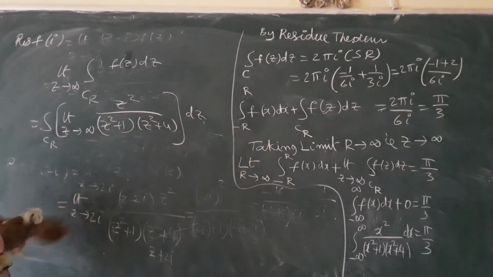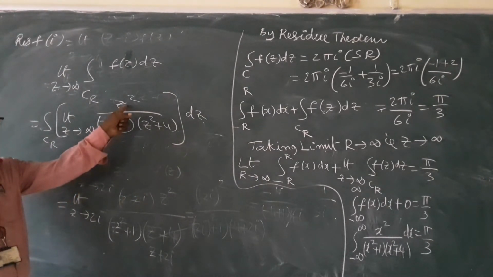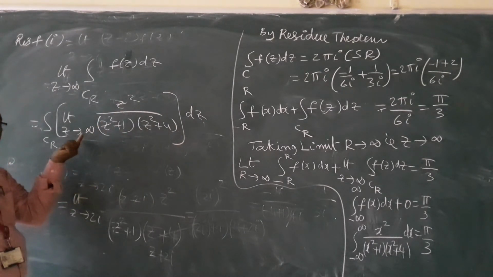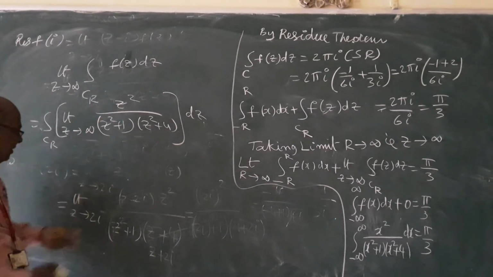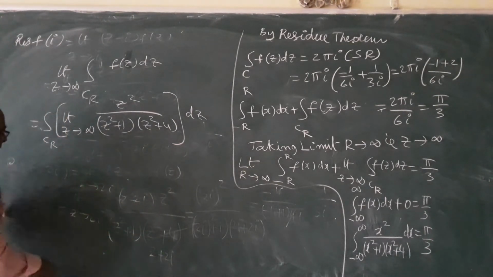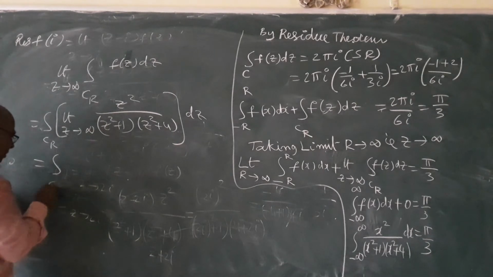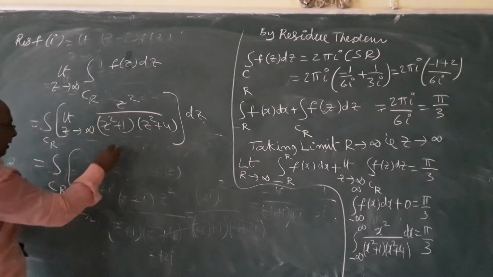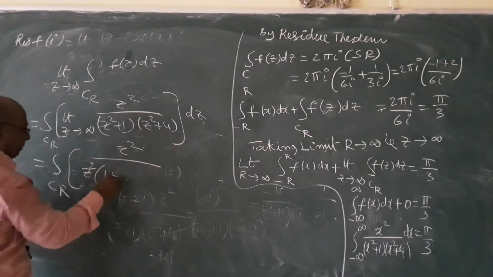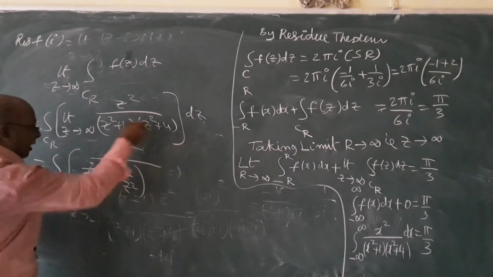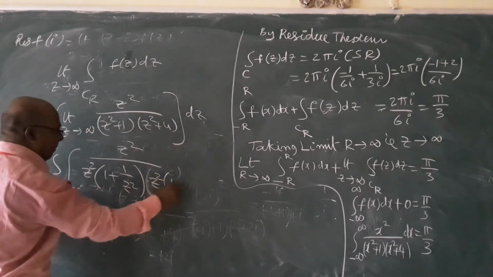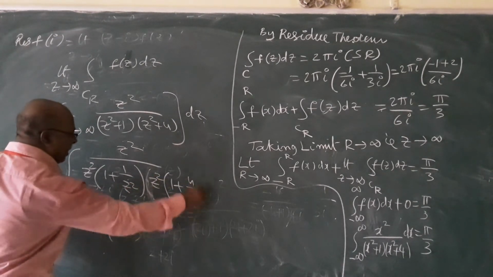Of course, the numerator has lower degree and the denominator has the highest degree, so automatically when we take the limit z tends to infinity, we get 0. We need not do it, but observe carefully. Take z square common here: 1 plus 1 by z square. Take z square common here: 1 plus 4 by z square.